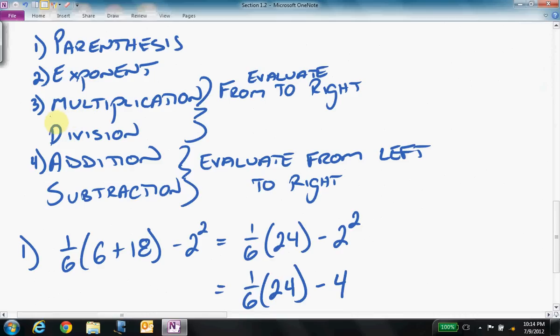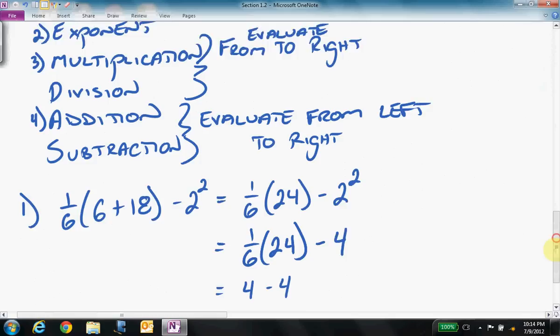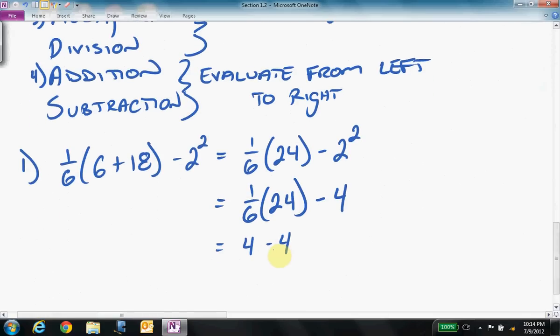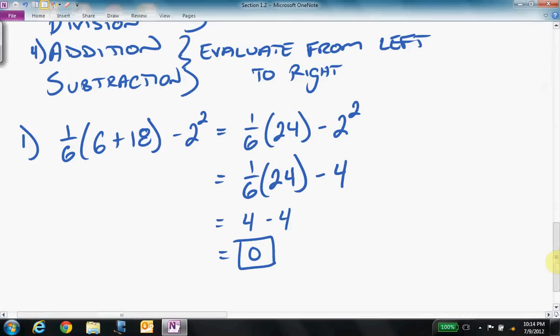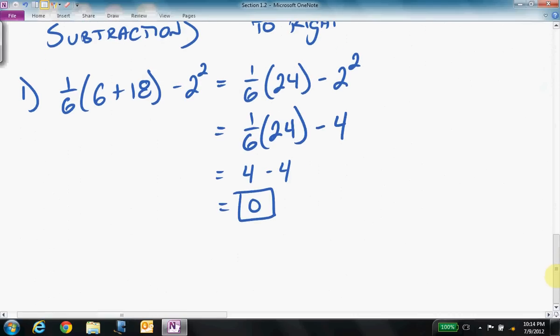We've done our multiplication. There is no division. Now we have to look to see if we have addition or subtraction. We have no addition, so we're going to go straight to subtraction. 4 minus 4, that's going to give us a final answer of 0. So 1/6 times the quantity 6 plus 18 minus 2 squared gives you 0.